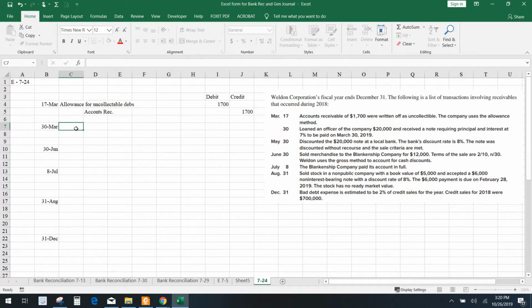Next transaction, loaned an officer of the company $20,000 and received a note requiring principal and interest at 7% to be paid on March the 30th. So we loaned an officer money, so we know we have to credit cash $20,000, and we get a note receivable $20,000.